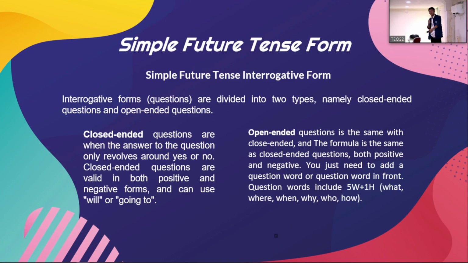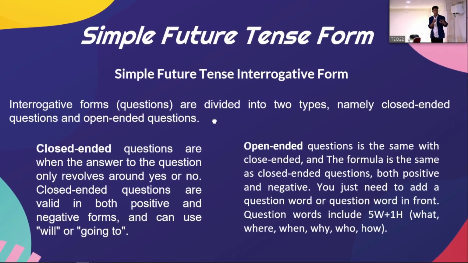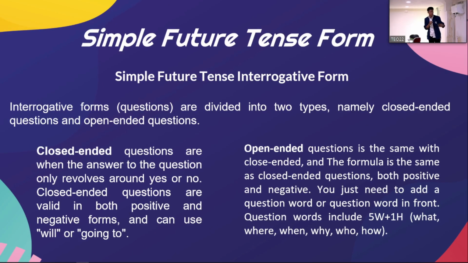Okay, we come to the simple future tense interrogative form. Interrogative form, or aka question, is divided into two types, namely closed-ended question and open-ended question. What is a closed-ended question? Closed-ended questions are when the answer to the question only revolves around yes or no. Closed-ended questions are valid in both positive and negative form and can use will or going to.